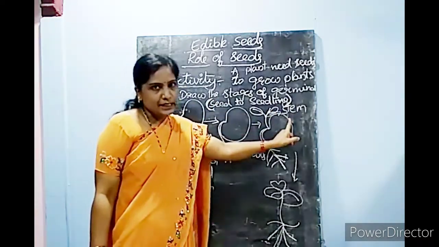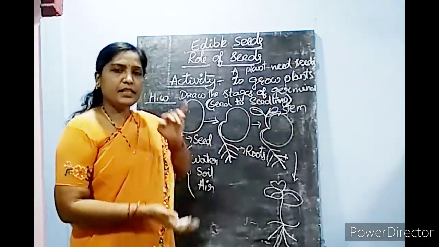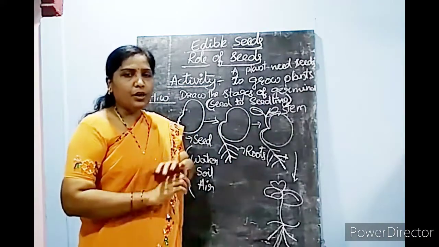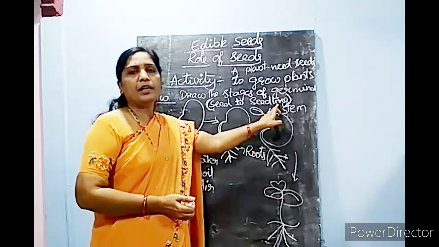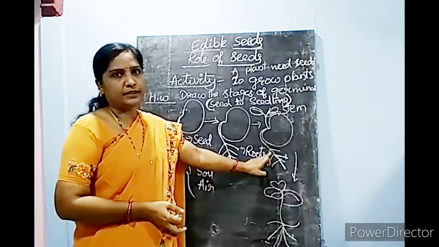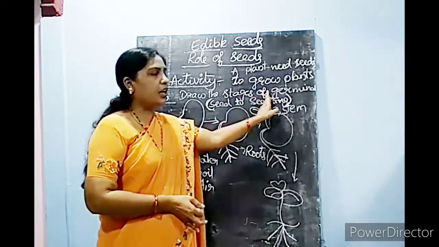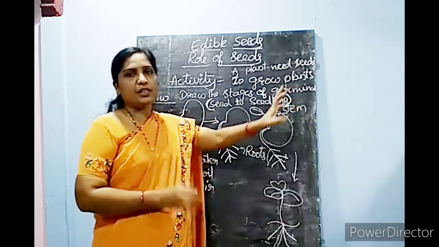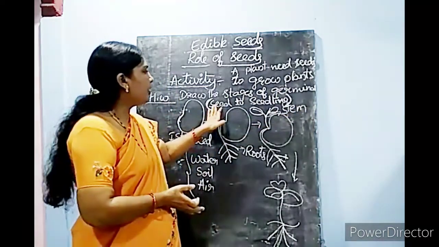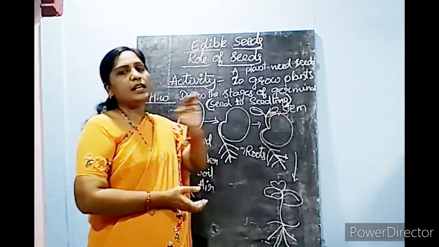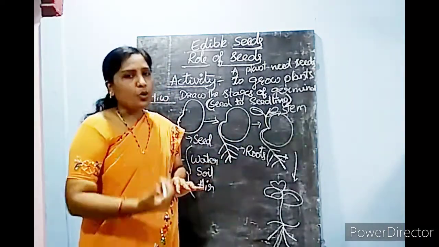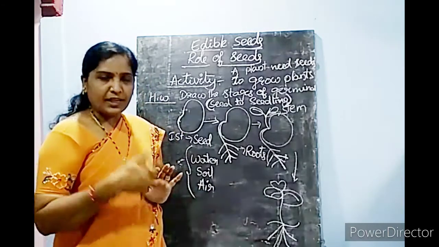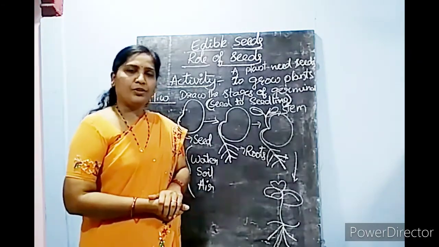Seed to seedling. Seedling means the baby plant. Don't get confused with the words. Seedling is nothing but the baby plant. Draw the stages of germination. Germination means from the seed, seedling comes. So the same diagram you need to draw in your notebook. That's your homework, children. So understood?